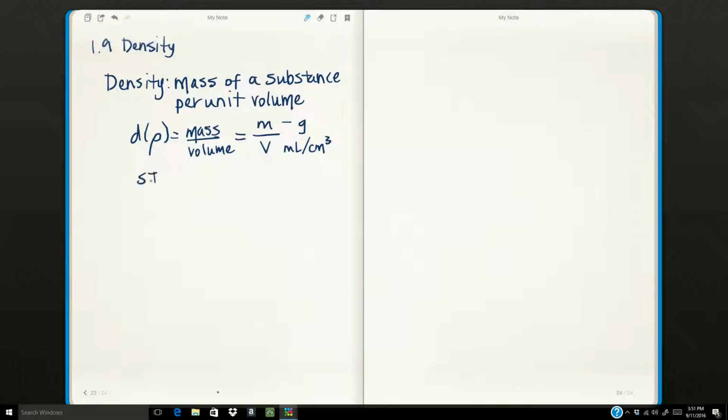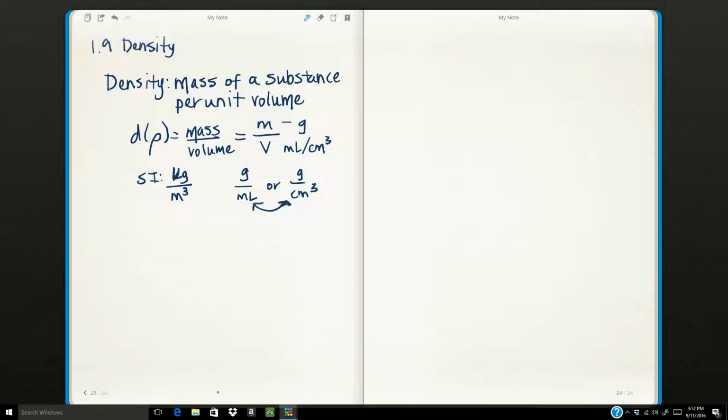The SI unit for density is kilograms over meters cubed. Okay, so typical units that you'll probably see in problems are grams per mil or grams per centimeter cubed. And these are interchangeable.